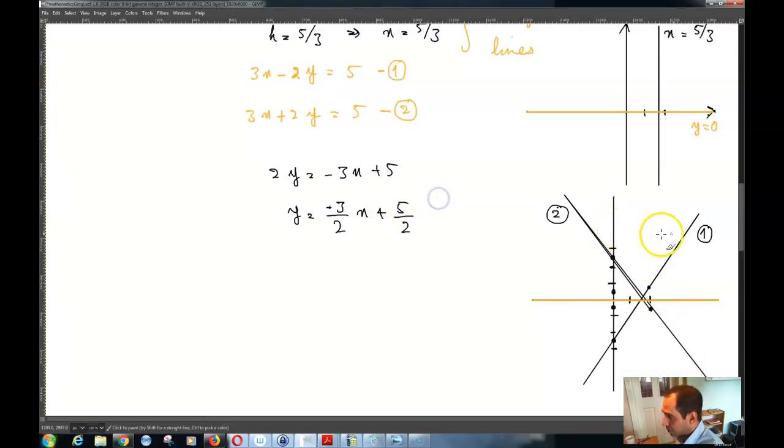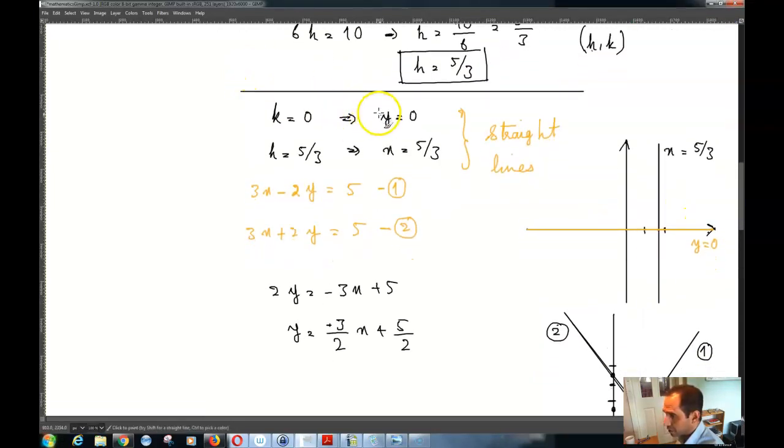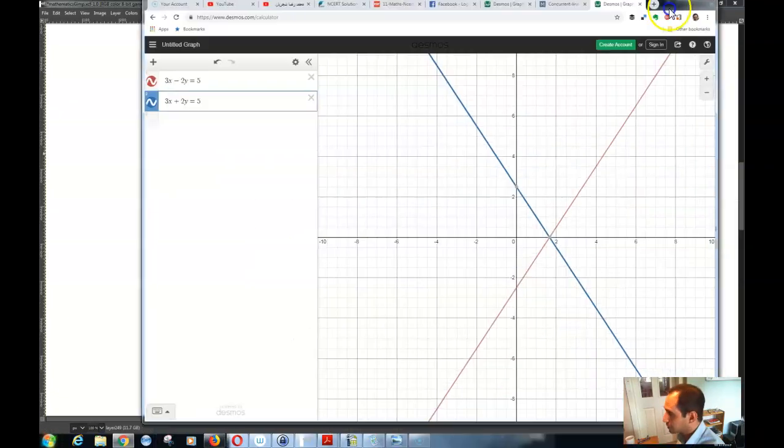And the solutions that we got over here were y is equal to 0 and x is equal to 5/3.